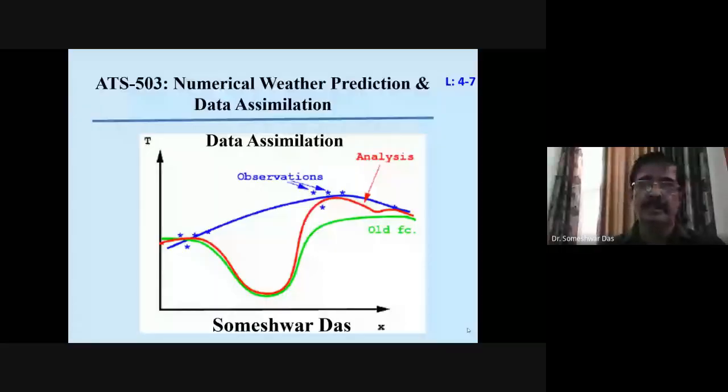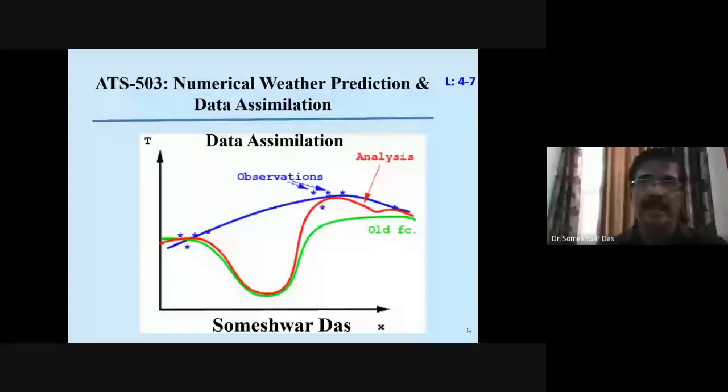So today we are going to continue our discussion on data assimilation. In the last two lectures, we discussed the methods of objective analysis, and we discussed that there are many methods for interpolating the observations which are scattered in space onto the regular grid points of the model.